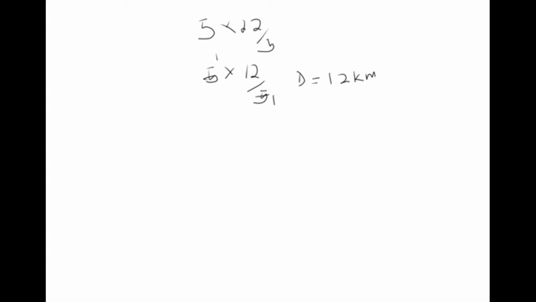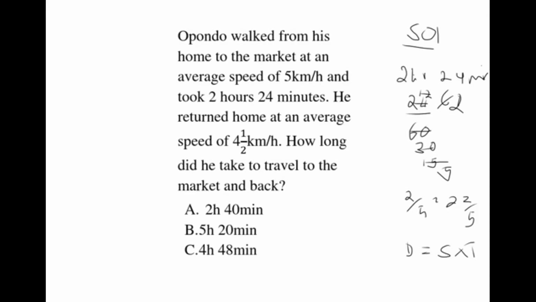Therefore, from there we can proceed, having known that the distance is 12 kilometers from home to the market. Then he returned home at an average speed of 4.5 kilometers per hour. So we have the distance, which is 12, and the speed, which is 4.5 kilometers per hour.